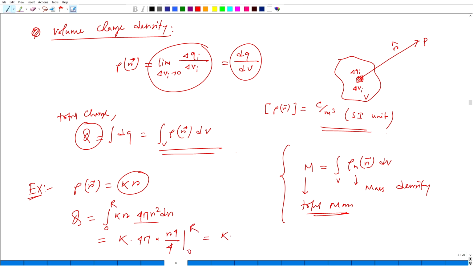So, this is pi k r to the power 4, which is the total charge. If we consider a sphere of radius r and the charge distribution varies linearly with r, we calculate the total charge in this.